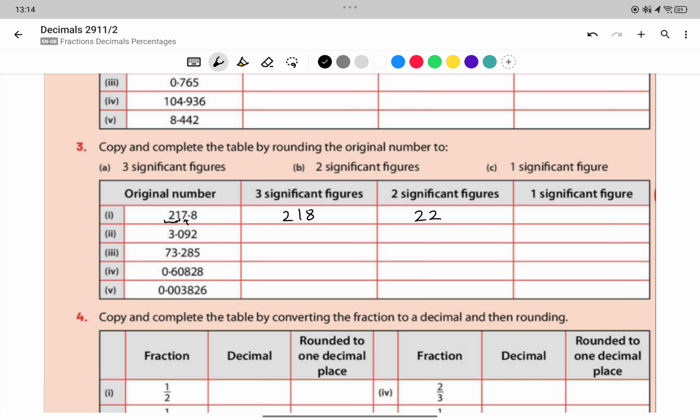So it turns to 2, 2, 0. Then 1 significant figure. I want to keep that much. Is 1 bigger than 5? No. So nothing moves up at all, and the other digits just turn to 0. And that is that line complete.